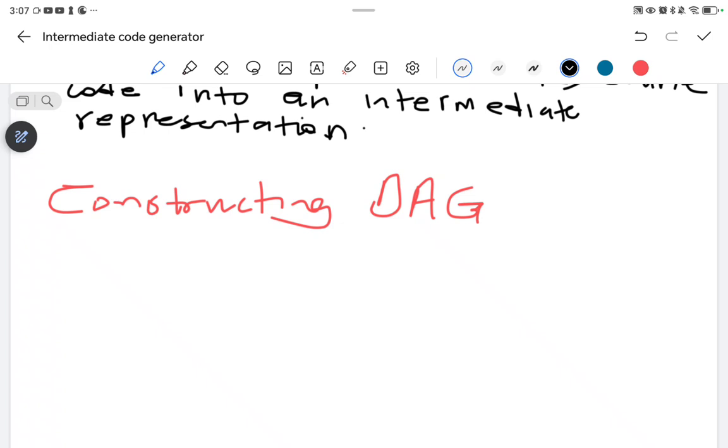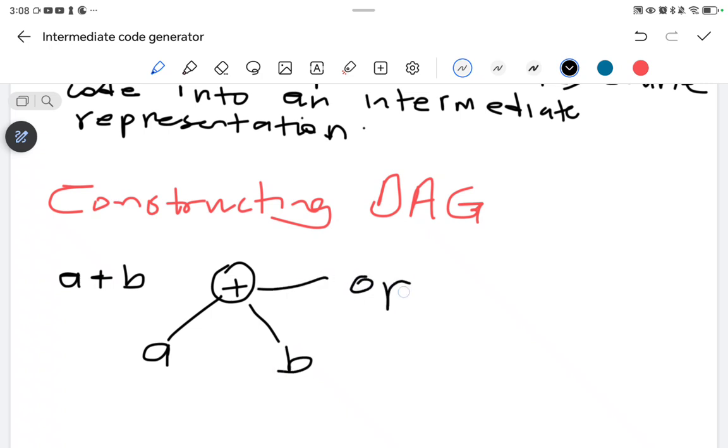Let's say we have the expression A plus B. How are you going to draw it? Some books, when they draw this, first put a plus, then put the operands. You have an operand and an operand.